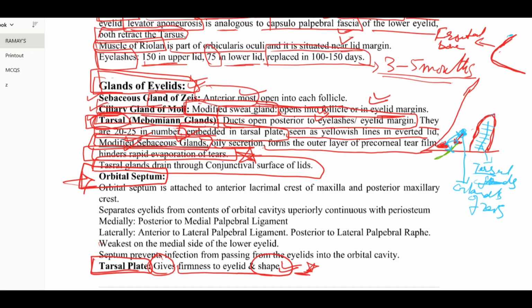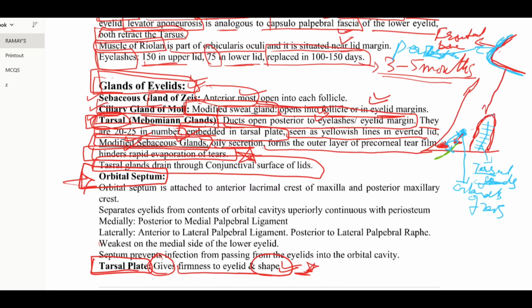there is a structure that lines this bone. This is known as the periosteum. The periosteum gives rise to a thickened structure known as the orbital septum.